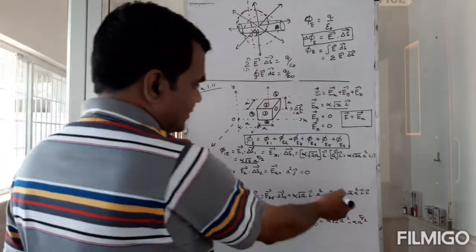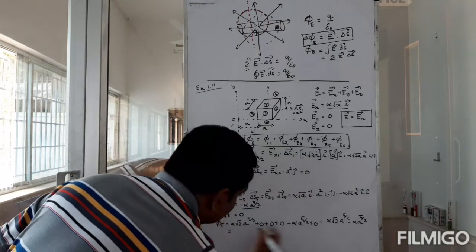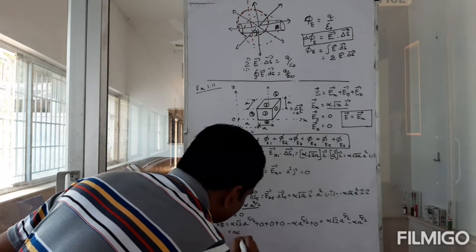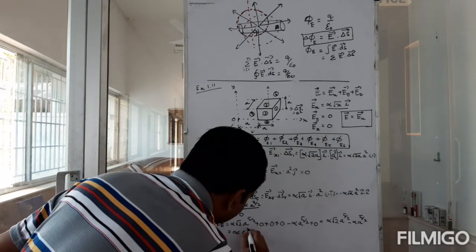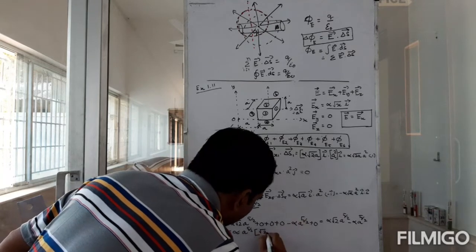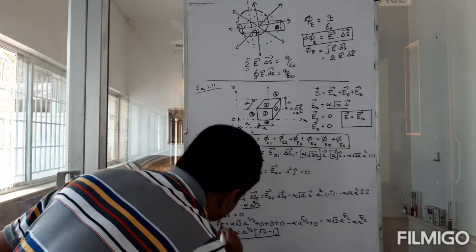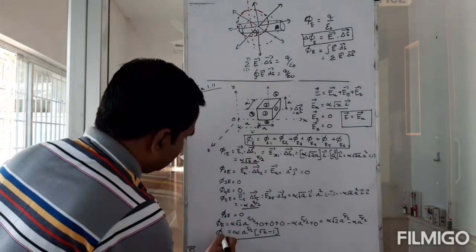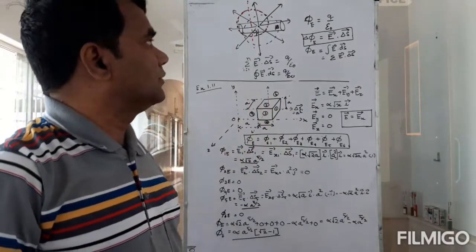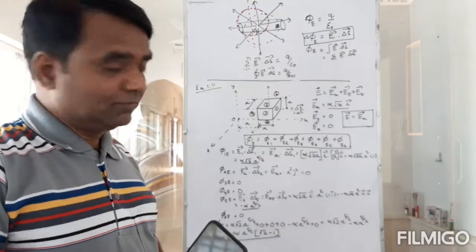Now take the common things out, alpha A to the power 5 by 2, and I get root 2 minus 1. So this is the net flux through this surface.